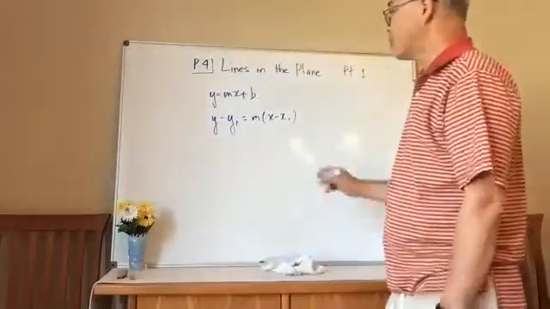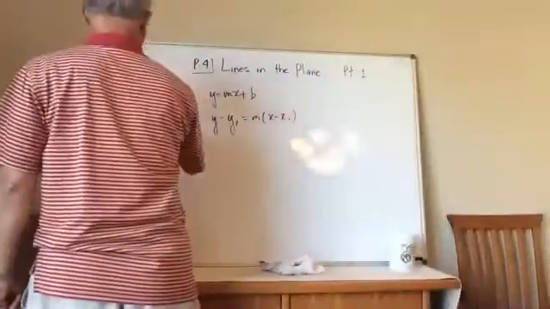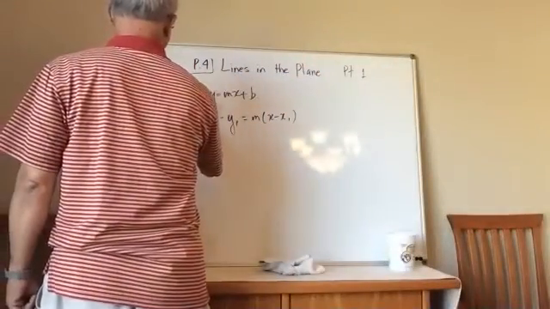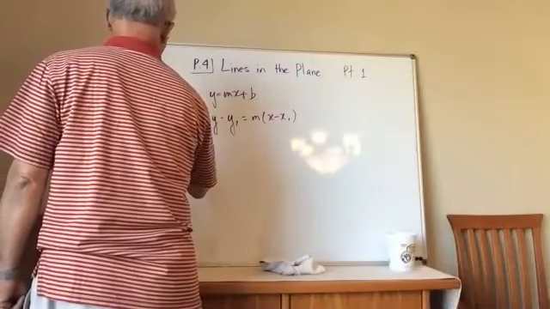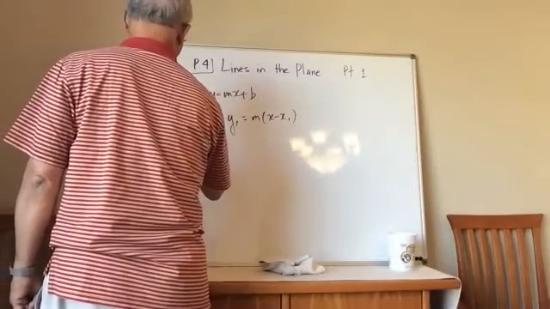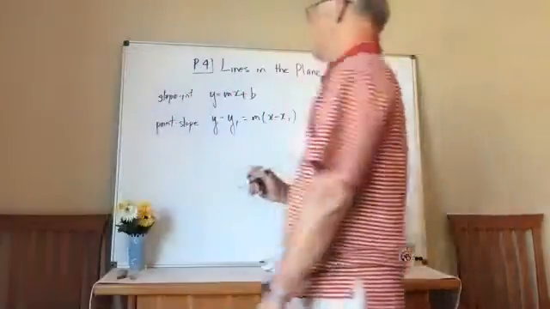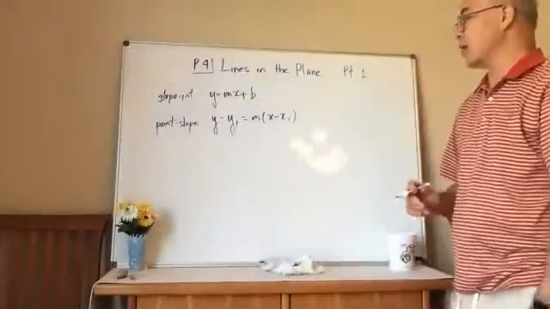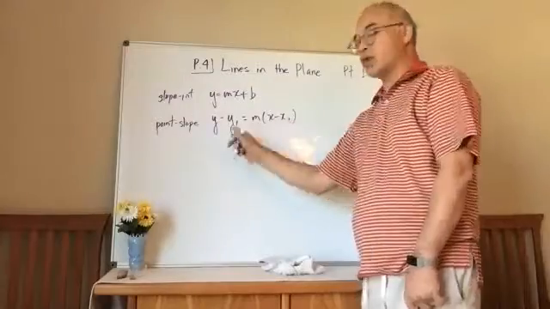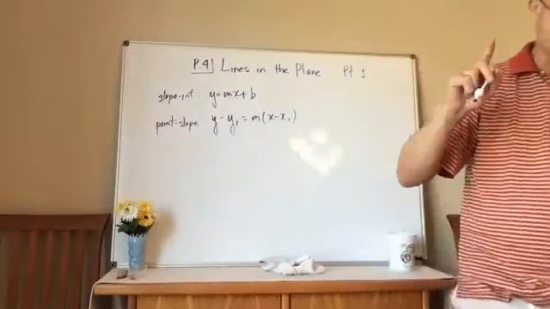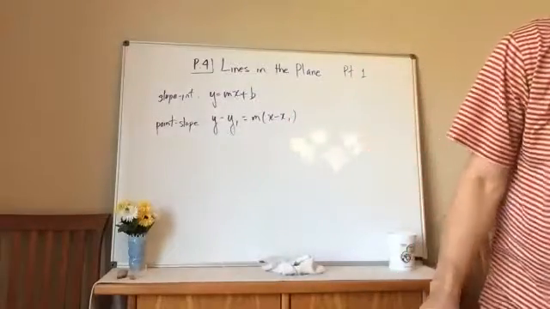It's called the point-slope form because it has a slope of m and it goes through the point x1, y1.